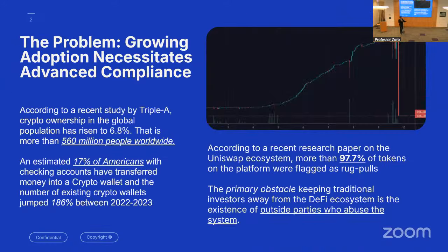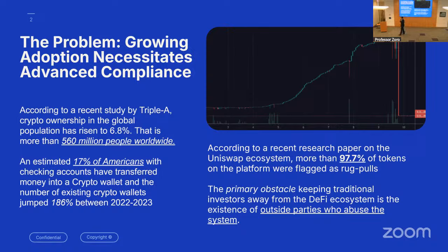All right, so like I had mentioned, growing adoption necessitates growing compliance. According to recent reports, about 7% of the world owns crypto. An interesting statistic, and this has more to do with the rate at which that market is moving: CoinGecko published a report in Q1 of 2025 on the current state of the blockchain ecosystem.